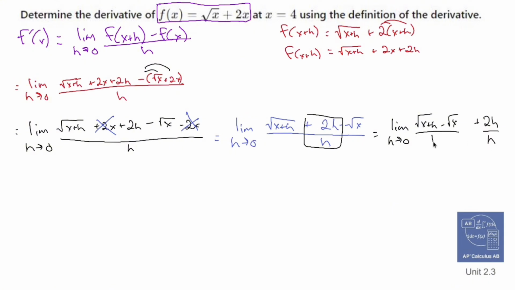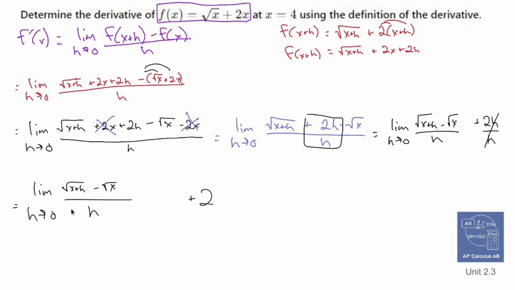Now watch what I do. Notice how I split these guys up. I can now do that, and that leaves me with the limit as h approaches 0 of root x plus h minus root x all over h. Now I'm going to leave some space here on purpose. You'll see why. You just become plus 2 as well.